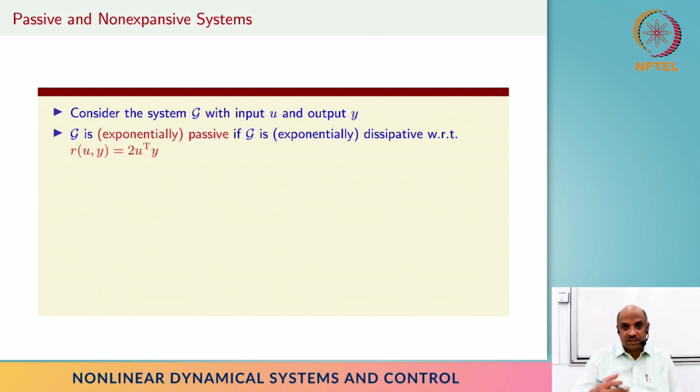And this is an example, but people realized its importance in multiple scenarios, originally coming from electric circuits where U and Y are such that the product is power. For example, one of the variables could be current and the other voltage, and then the product becomes power, right? These concepts were, I believe, developed from the power systems perspective, and they called it passive if you don't have any active elements.